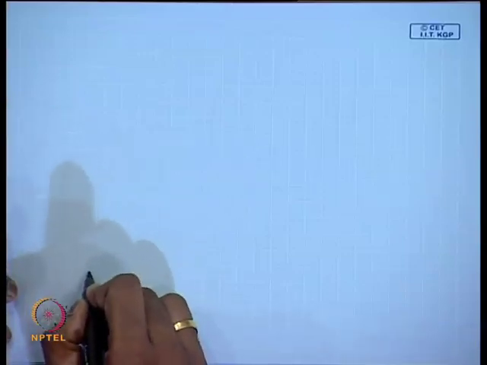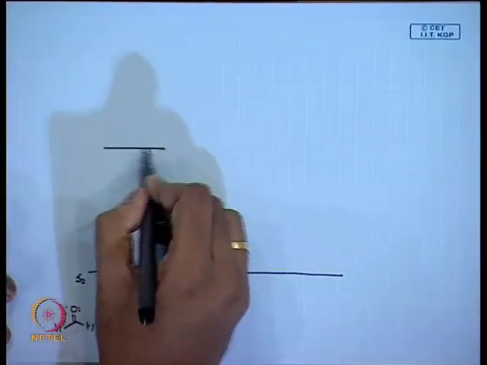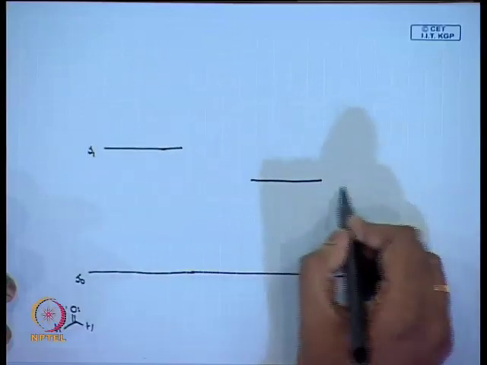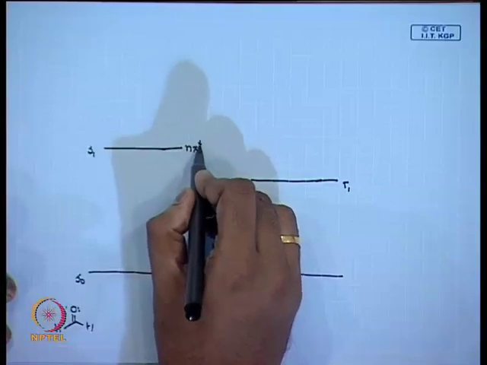Now, we will take formaldehyde and see that n pi star transition. We will try to put together all the information we have understood now. So, if I take my formaldehyde molecule and shine light with minimum energy, I can write my S0, my S1, T1, this is an n pi star transition.